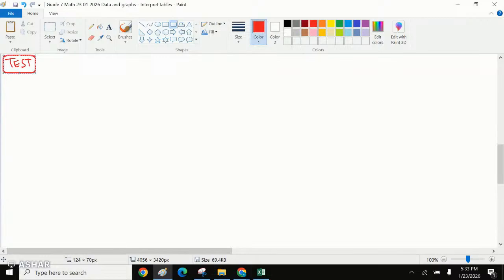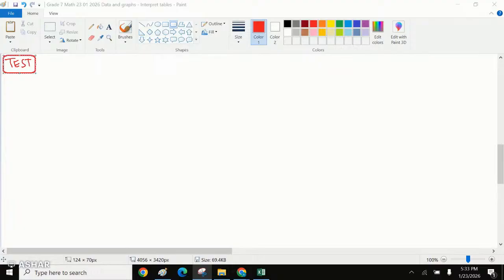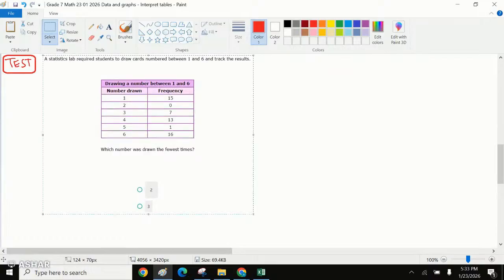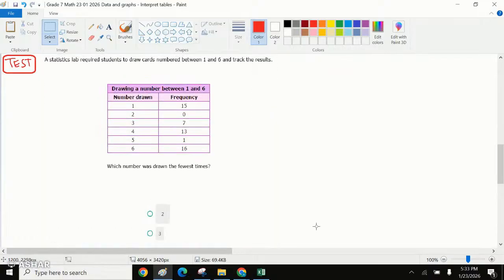The first question given in the test says, a statistics lab requests draw numbered cards between 1 and 6 and track the results, okay? So they're picking up cards between 1 and 6 and looking at the results.